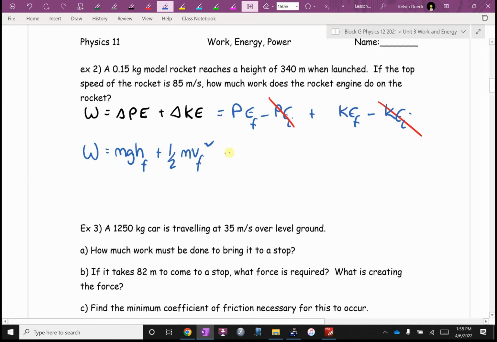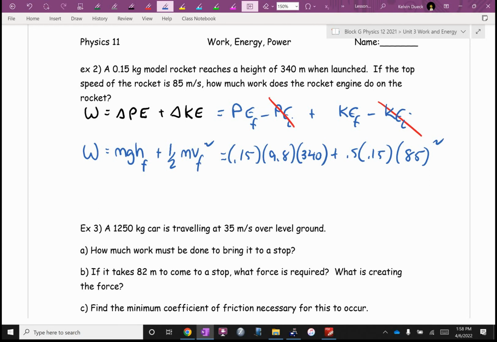M 0.15, g 9.8, h 85, plus 0.5, m 0.15, v 85. Don't forget the squared. I did the 85 and I'm just really in a slump right now, learning to read my own typing. That's how much chemical energy has to be stored in the propellant.